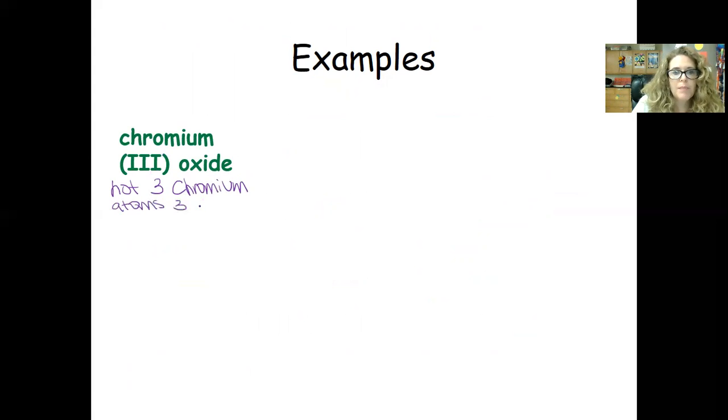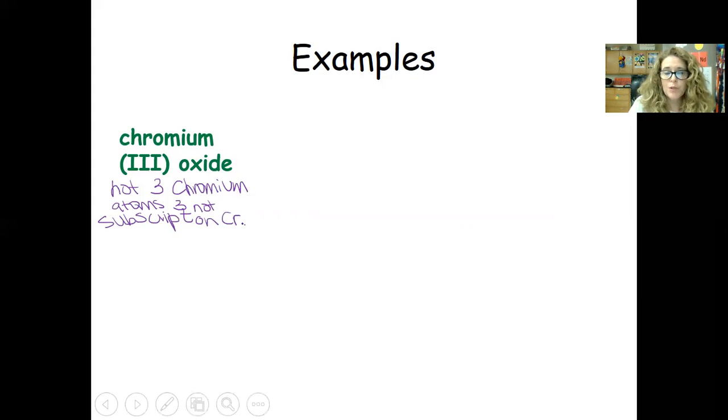And the 3 will not be the subscript on the Cr. But in a multiple choice question, that's probably the little dangly, tricky choice they're going to try to trick you with. So Roman numeral 3 means that the chromium is a positive 3.